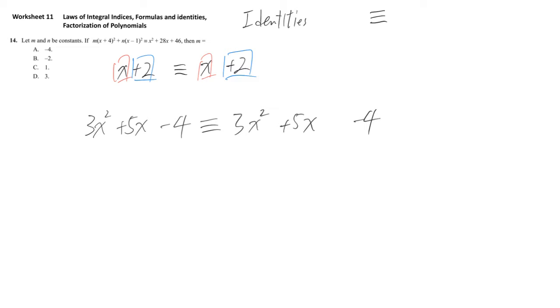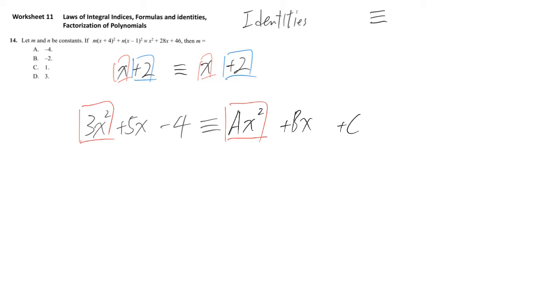So in a question, usually they will tell you something like this: 3x squared plus 5x minus 4 is always equal to ax power 2 plus bx plus c. So what they want to tell you is they just use this simple method to imply that this is always equal to this.